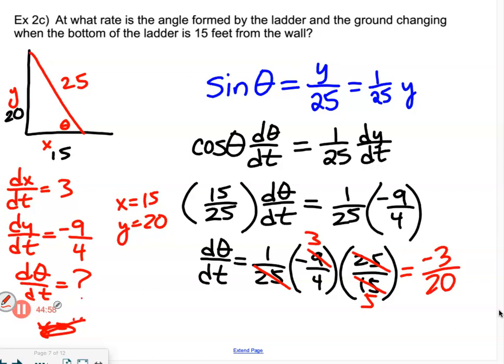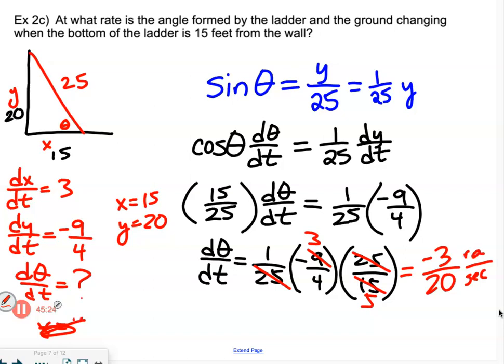I need units. All right, I'll give you a hint. Time is in seconds. I need units for theta. Calculus is always in radians. Always in radians.